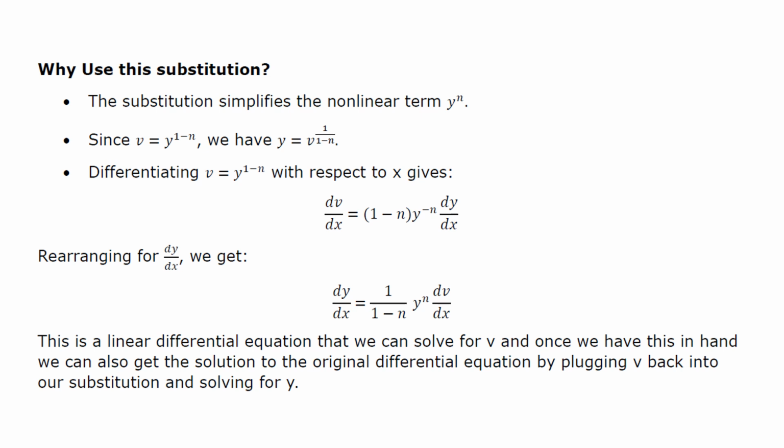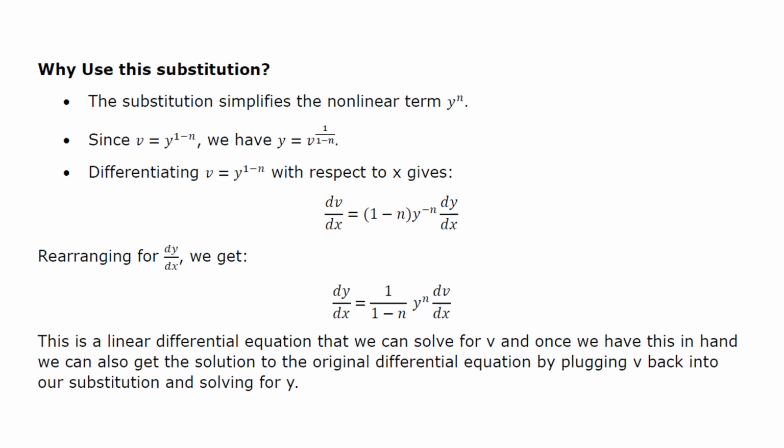And since v equals y to the power 1 minus n, we have y equals v to the power 1 over 1 minus n. If we differentiate v with respect to x, we have dv over dx equals 1 minus n times y to the power negative n times dy dx. Rearranging this for dy dx, we get 1 over 1 minus n times y to the power n dv over dx.